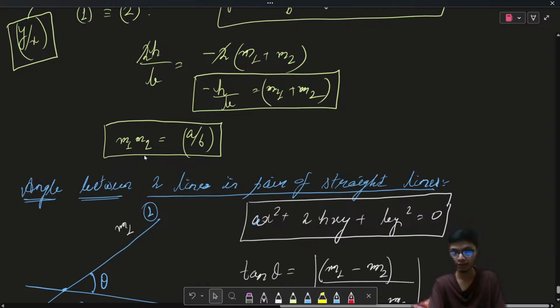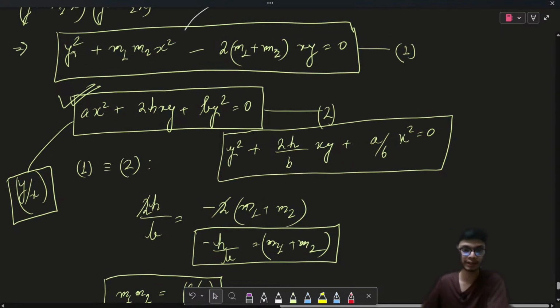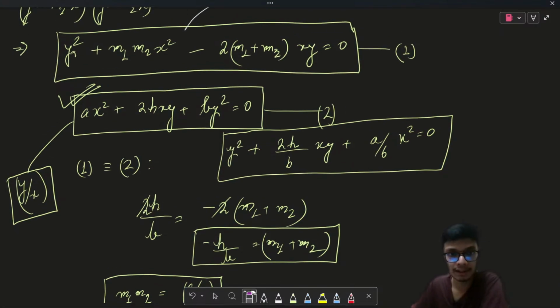One more mistake I have made over here, please rectify: this should not be 2, this is m1 plus m2 only. I thought it was m1 plus m1, so that was 2 times m1, that's what I wrote. So please correct this expression, it should be minus of m1 plus m2, so the 2 will be left out over here, right?